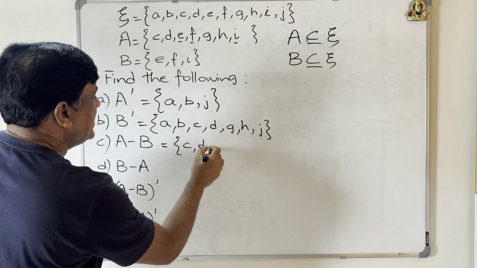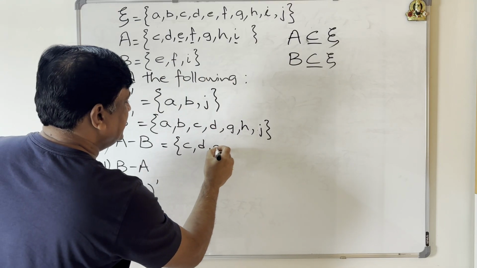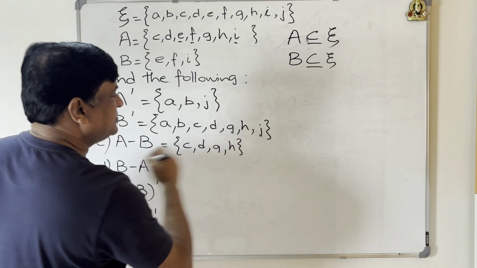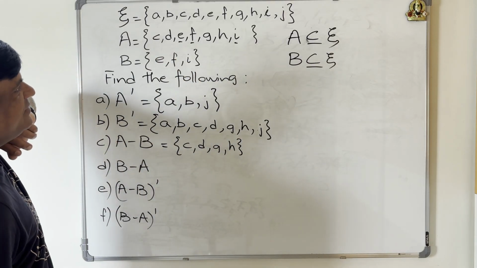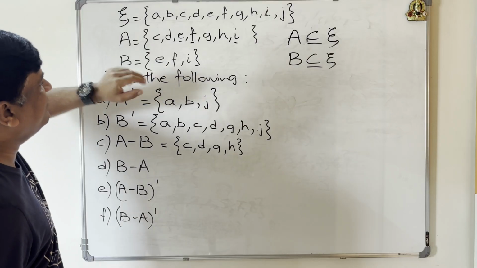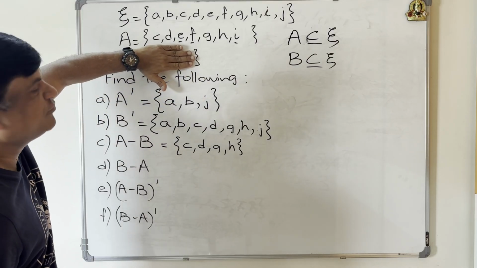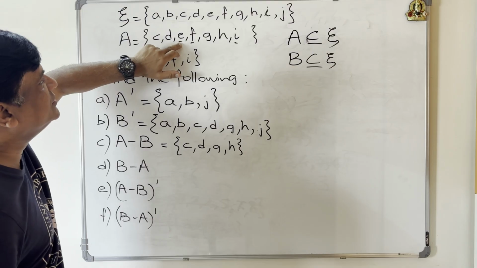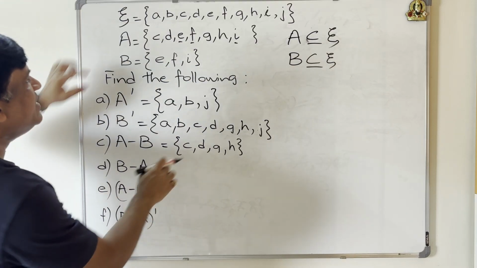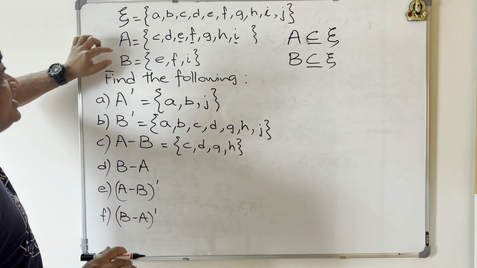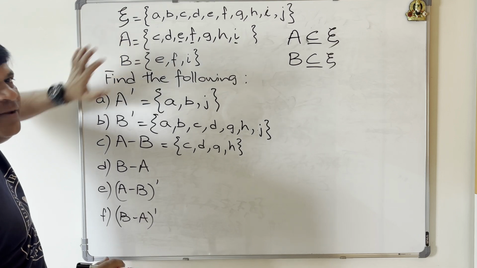C, D, G and H. Look at it, right? So I removed E, F, I. So these are the elements which are left in A, and I'm not including the elements from B.